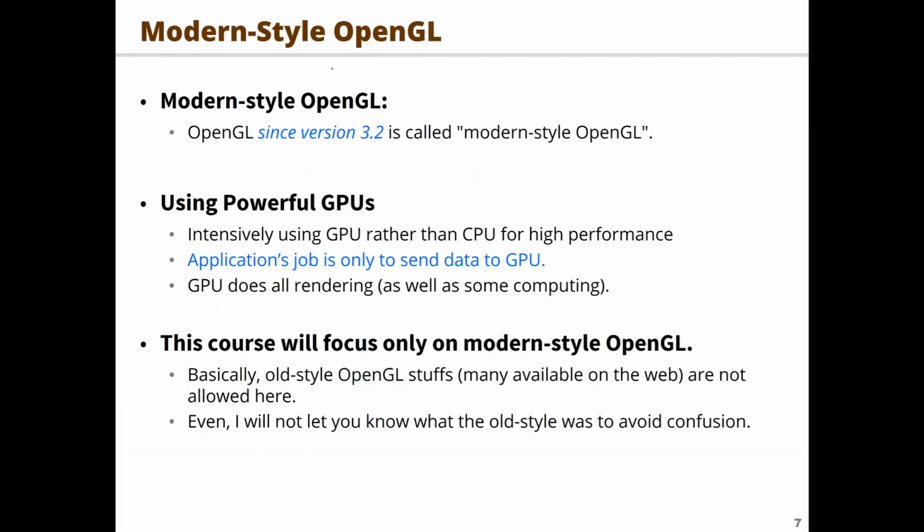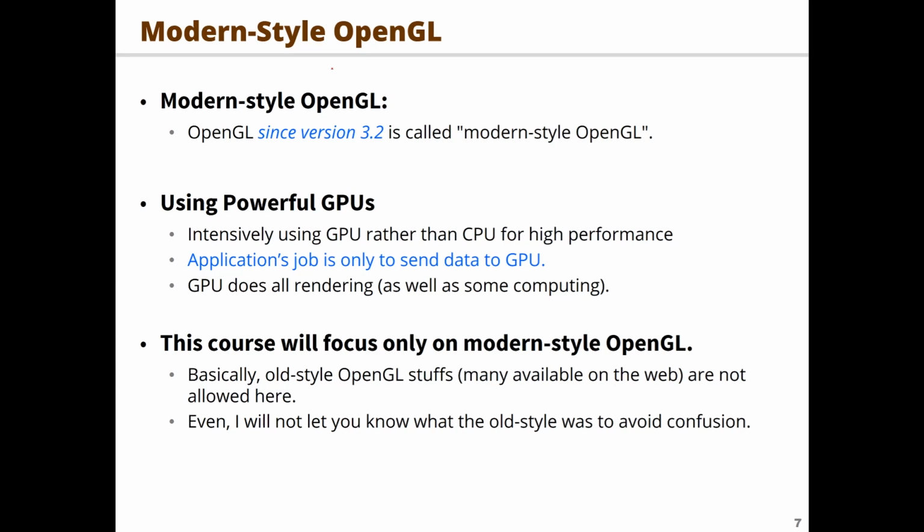Now, back to modern style OpenGL. Informally, we can define modern style OpenGL as OpenGL since version 3.2. That is optimized for more powerful GPUs. So we intensively use the GPU rather than the CPU for higher performance.